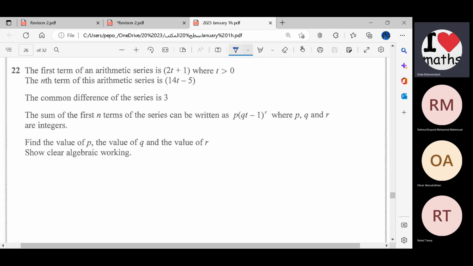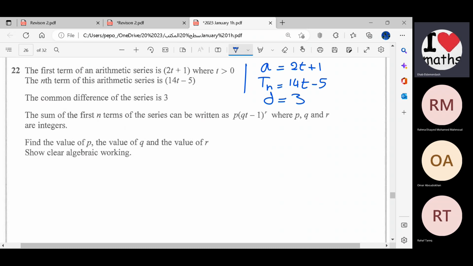So the first term is 2t plus 1, and the nth term of the arithmetic series is 14t minus 5. Let's collect the given: a equals 2t plus 1, tn, the general term or nth term, is 14t minus 5, and the common difference d equals 3.